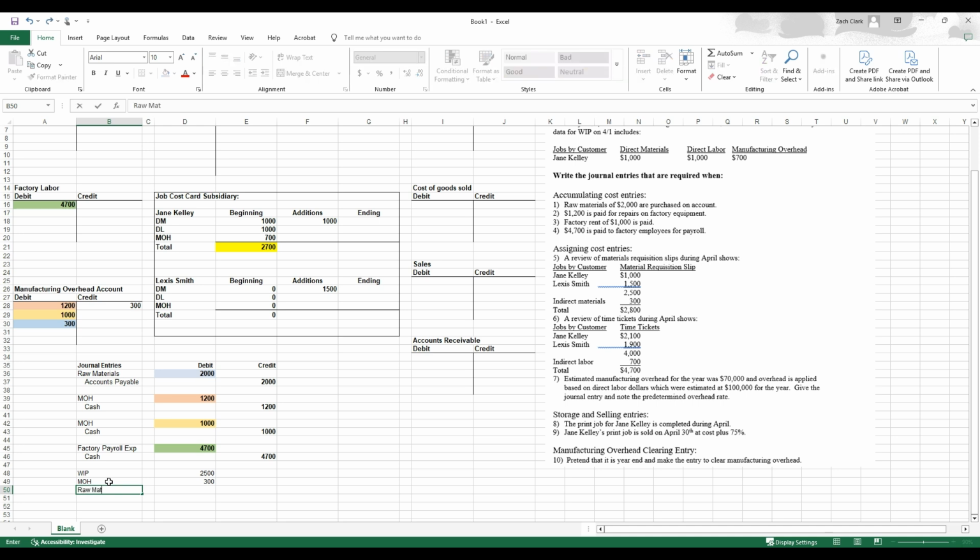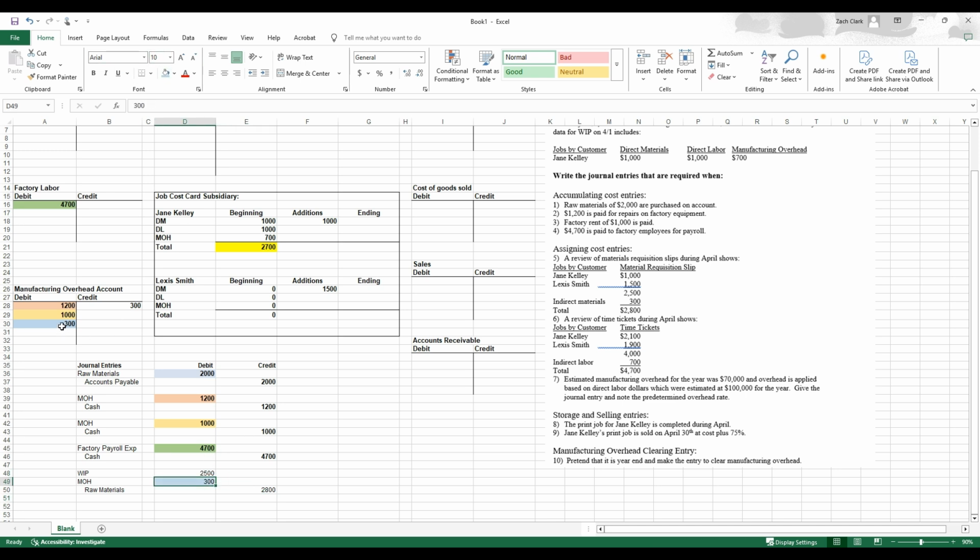And then we have raw materials as our credit, as we're taking this out of raw materials for the total 2,800. And again, that's the totals here. It shows the materials moving from raw materials into these jobs. And then a portion of that raw material is being used for overhead. So this is our journal entry here.